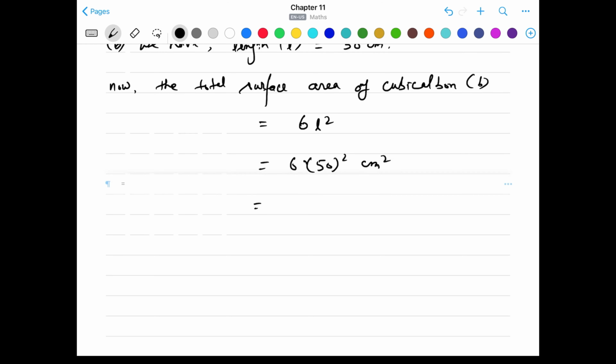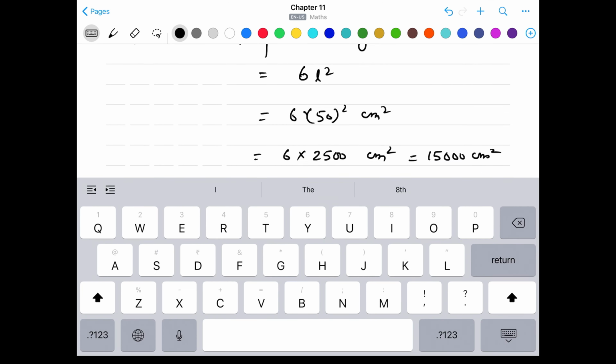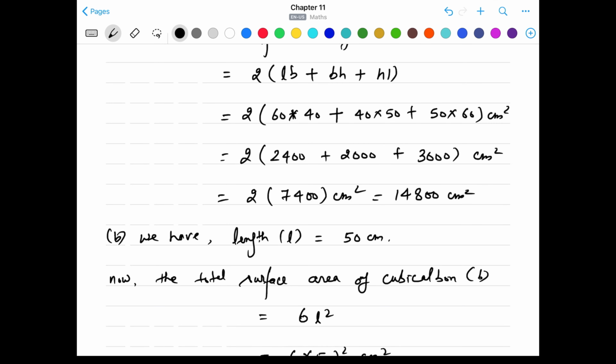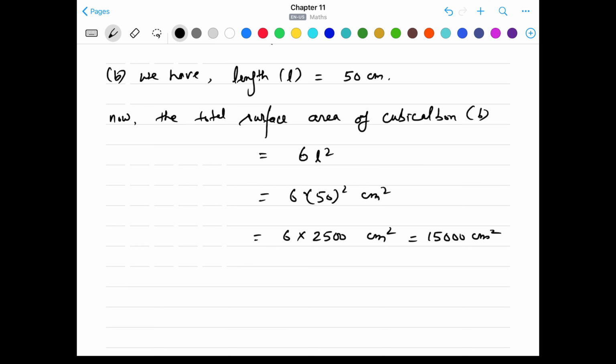So 50 square is 2500 centimeter square. When you multiply the two, the result is 15,000 centimeter square. Now you can see, out of the two, the area of box A is lesser, which is 14,800, while the surface area of box B is 15,000.